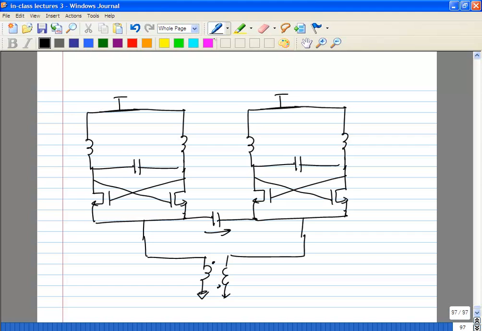And of course you need some kind of biasing scheme. Transformer coupling. There are actually many ways to do this. In this case you are exploiting the phase relationship between the currents. In the case of the capacitive coupling, we are exploiting the voltages.